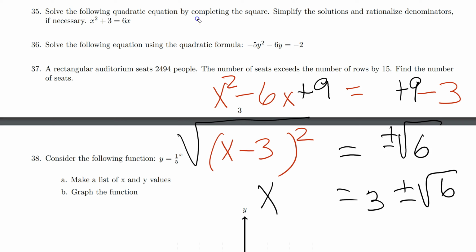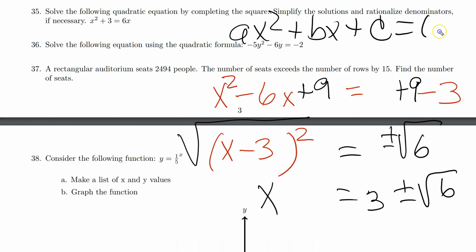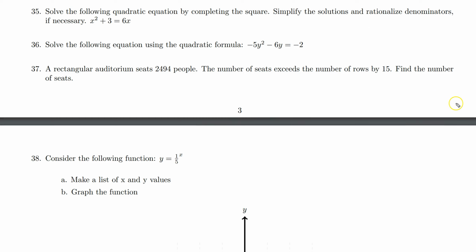Let's see, I get my pen going here again. ax squared plus bx plus c equals 0. Okay, now they want us to use the quadratic formula to solve this one.